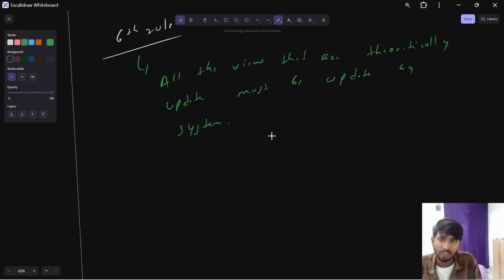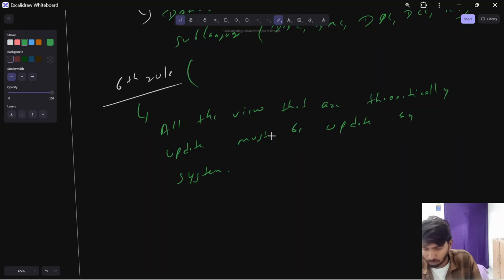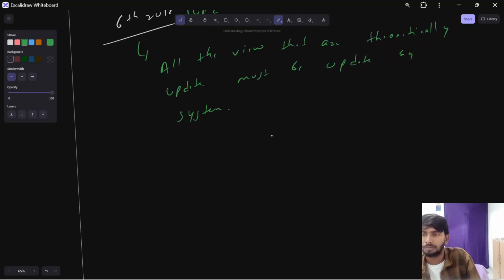Now all the view data theoretically updatable must be updated by the system also. So we can say this is the updatability rule. Okay.